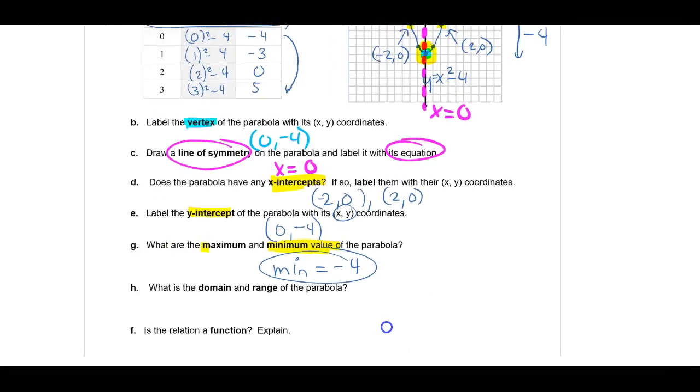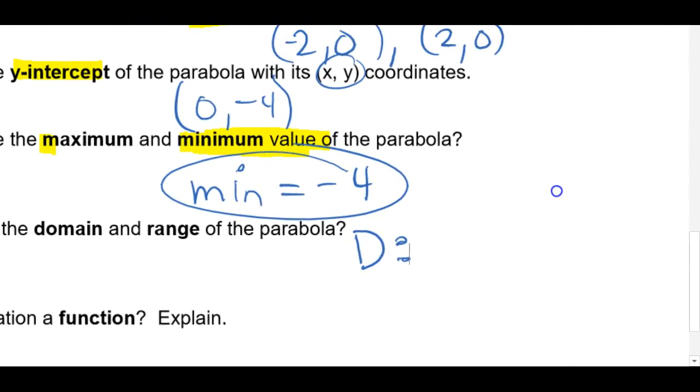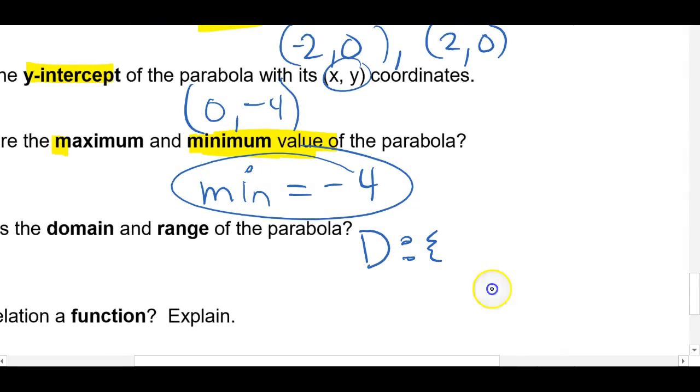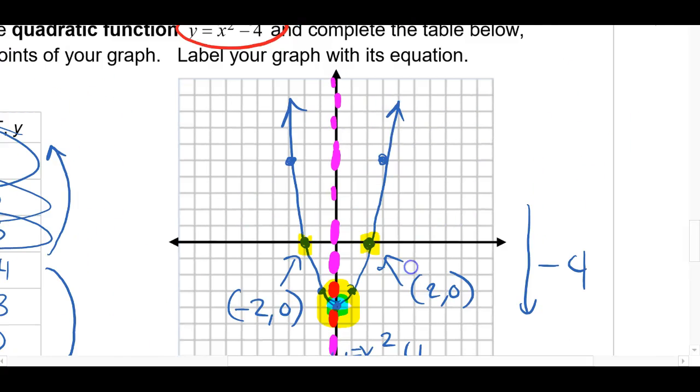Okay, so now how about the domain and range? Again, remember, domain is our x values, and the range will be our y values. So let's start with domain. Does this graph go forever and ever to the left?